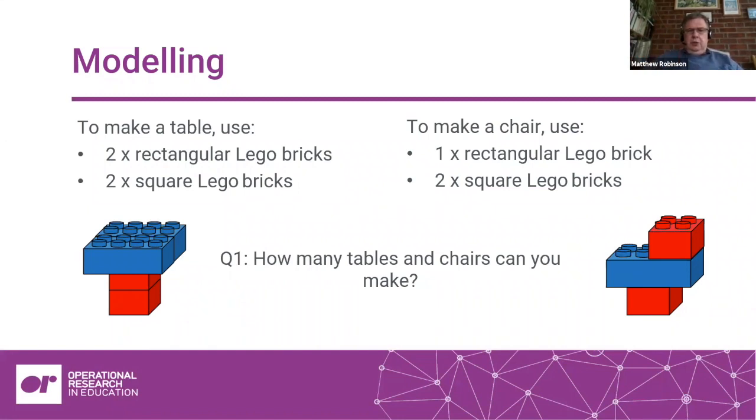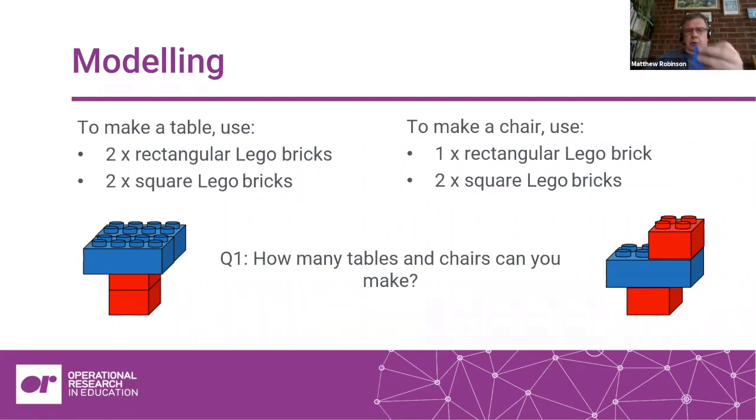So I'd like to take a couple of minutes now to think about you've got all of these rectangular pieces and you've got all of these square pieces. How many tables and chairs do you think you can make? So you may decide that you're going to use the bricks that we've got, the rectangular pieces and the square pieces, and you're just going to make tables.